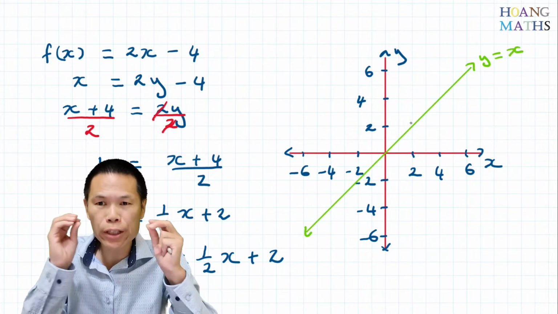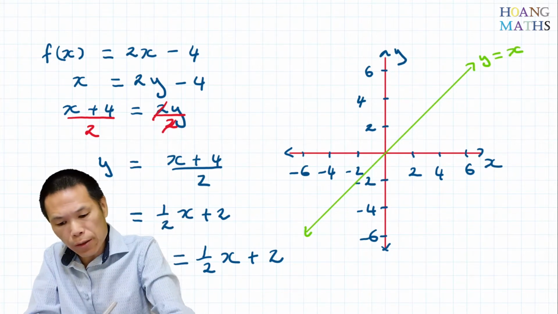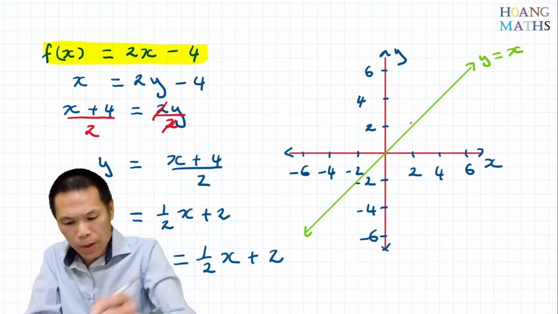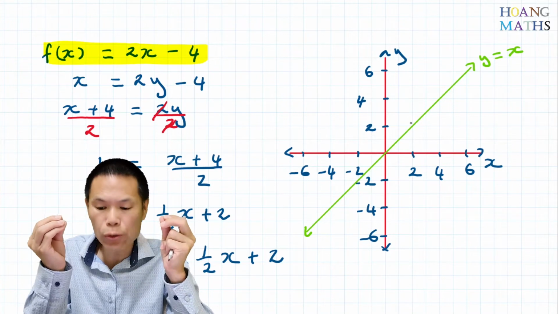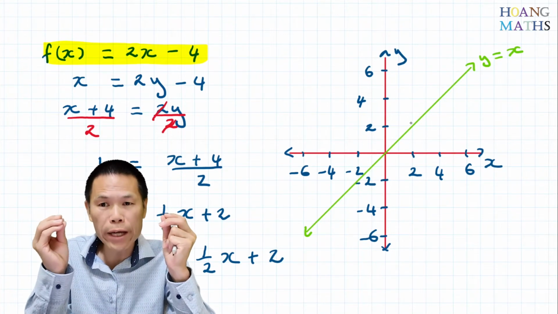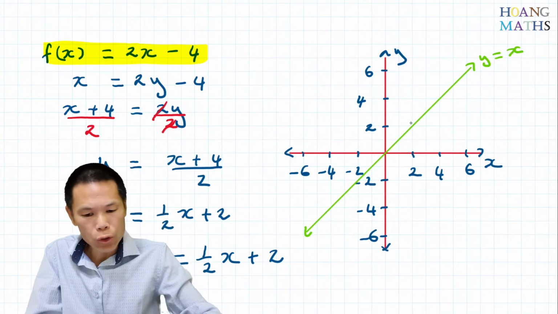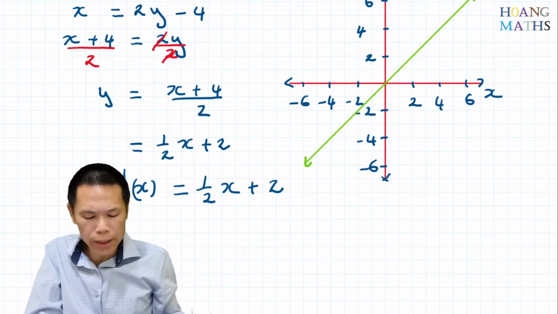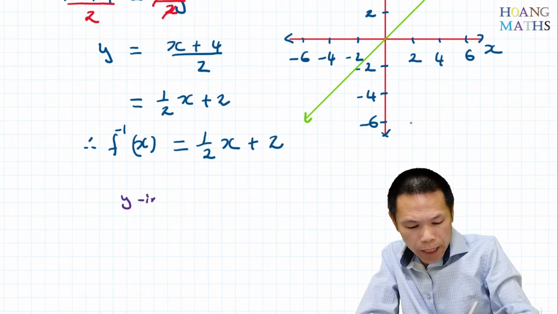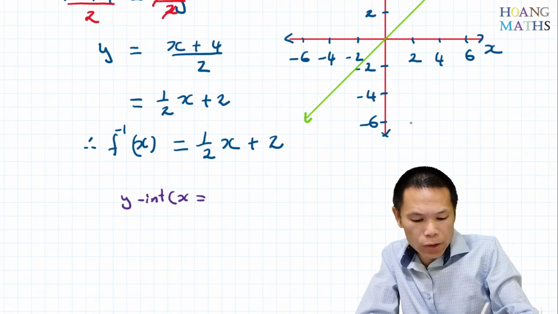Now let's sketch the function, which is f of x equals 2x minus 4. To sketch this, all we need to do is find the x-intercept and y-intercept. The y-intercept is when x is equal to 0.